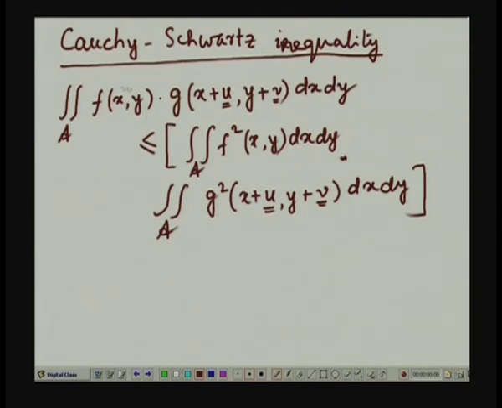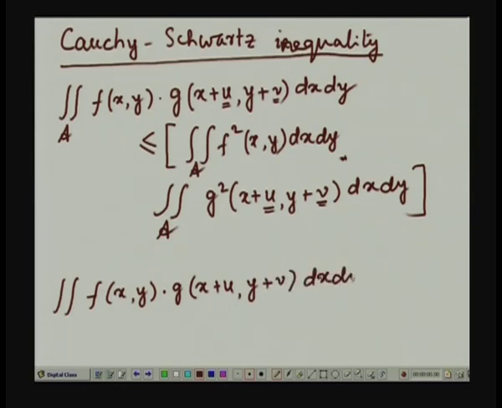Now, because f x y is small and the value of f x y is 0 outside the region A, we can replace this left hand side by an integration of this form f x y into g x plus u, y plus v into dx dy.